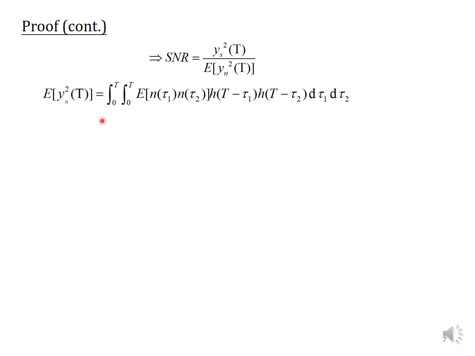The power of the noise is, because the noise is a random process, right? When we take the sample, this sample is a random variable, right? It's a random variable, and the average power would be the autocorrelation function at the DC value, right?